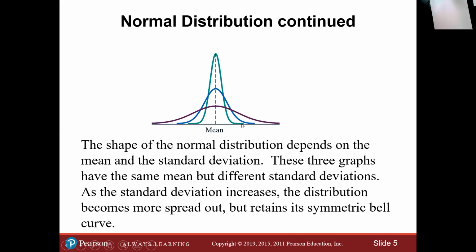But as the standard deviation increases, the curve starts to spread out a little bit more. So when the news is always going on about flattening the curve, this is exactly what they're talking about, where this represents time and the number of cases of infection. We want this to be lower.